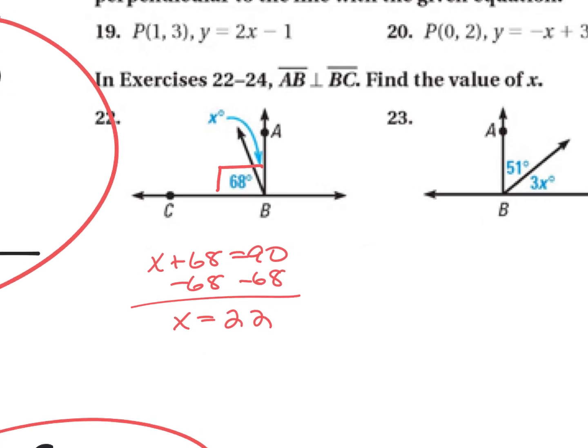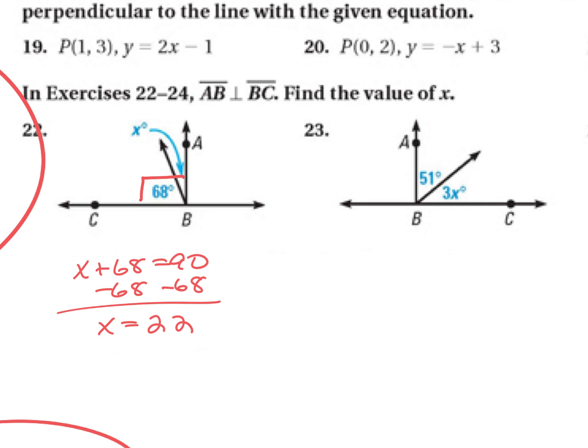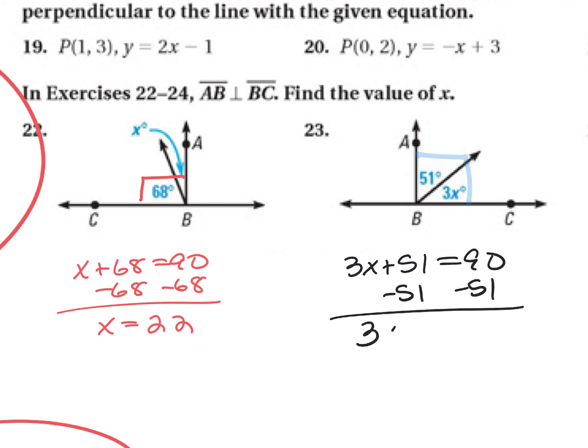Same thing on the next one. Again, we were told that they were perpendicular, so this is a right angle here. So I'm going to add 3x plus 51, set it equal to 90, subtract the 51, 3x equals 39, divide by 3, and x equals 13.